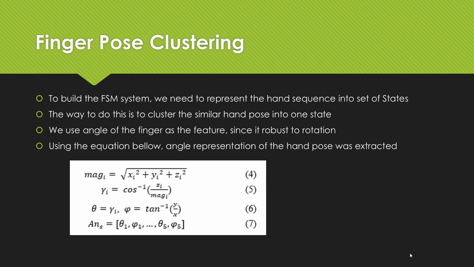And to do that, we use the angle of the fingers that we semi-manually mark as a feature since it's robust to rotation. Then we use the equation below to extract the angle representation of the hand.